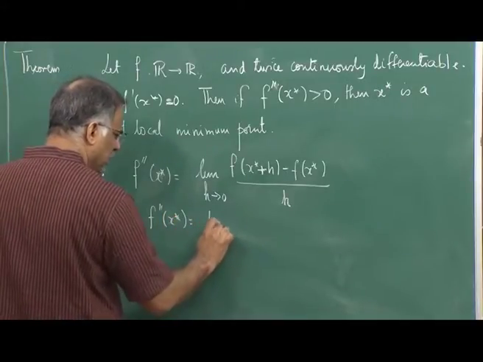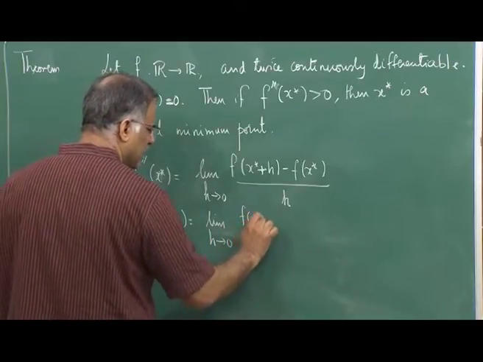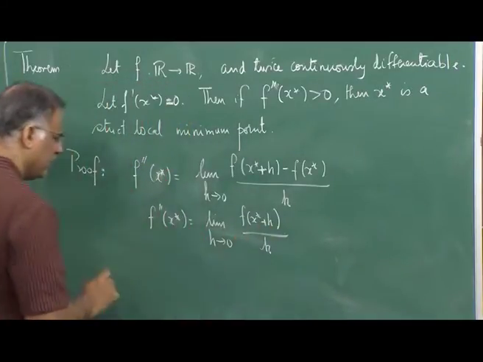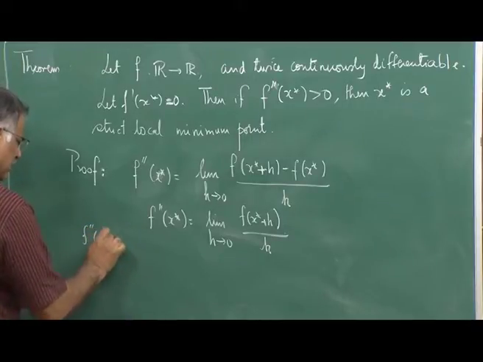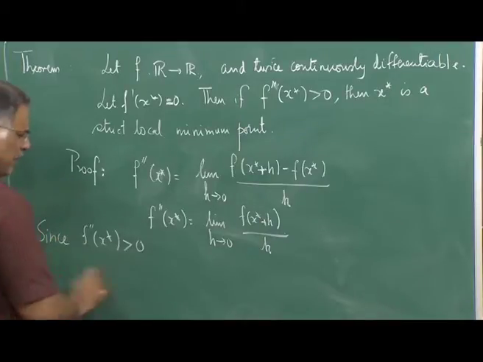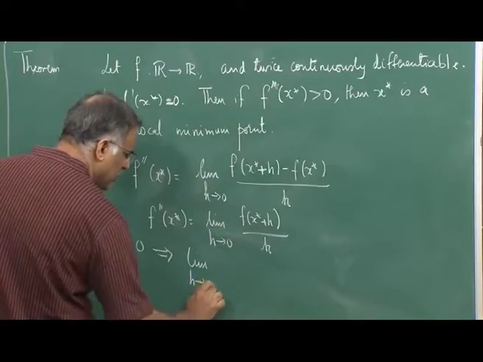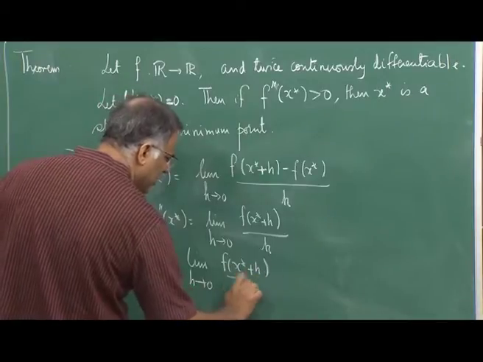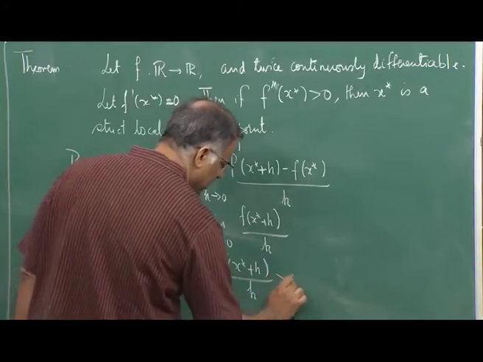So, this is nothing but the limit as h tends to 0 of f of x star plus h by h. Since f double dash x star is strictly bigger than 0, it implies that this limit is strictly bigger than 0.